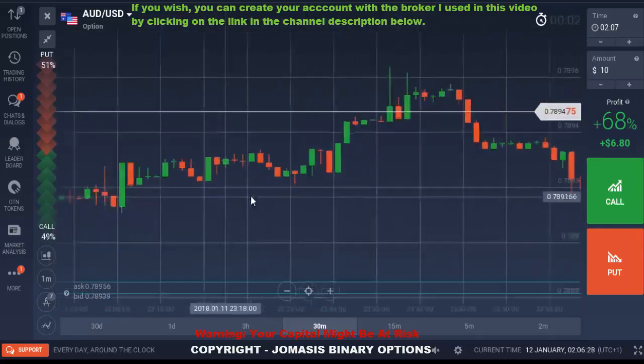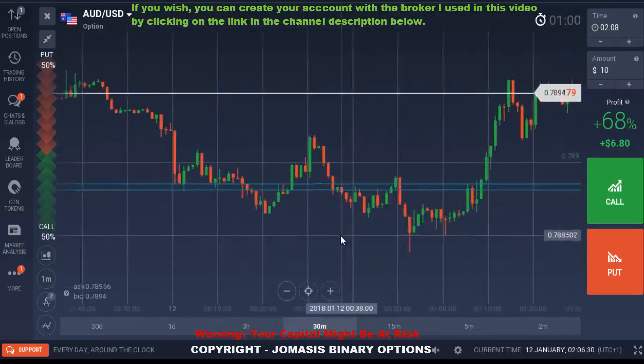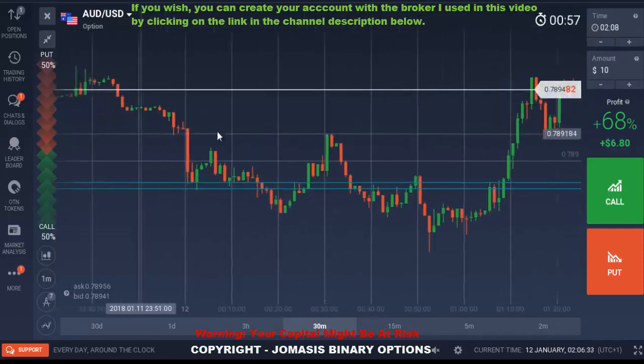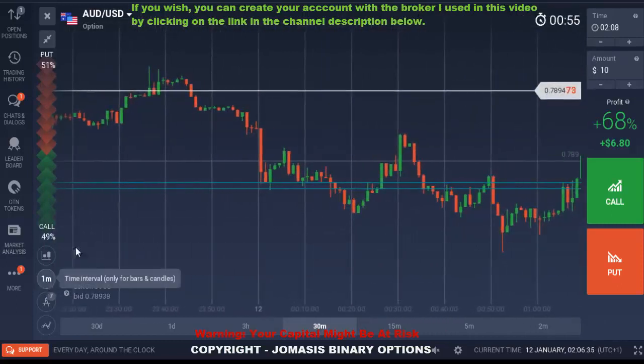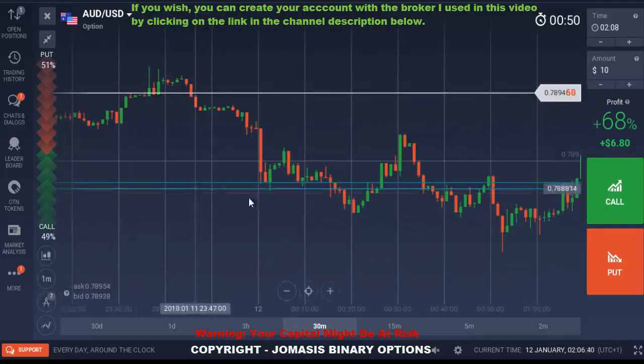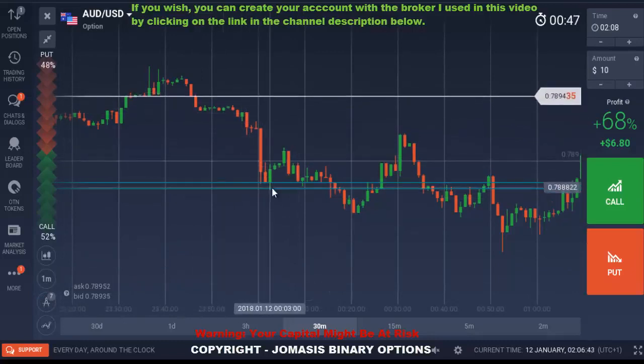This market came down after some hours, because this is a 1 minute candlestick chart. When it was coming down, it hit the support level again.